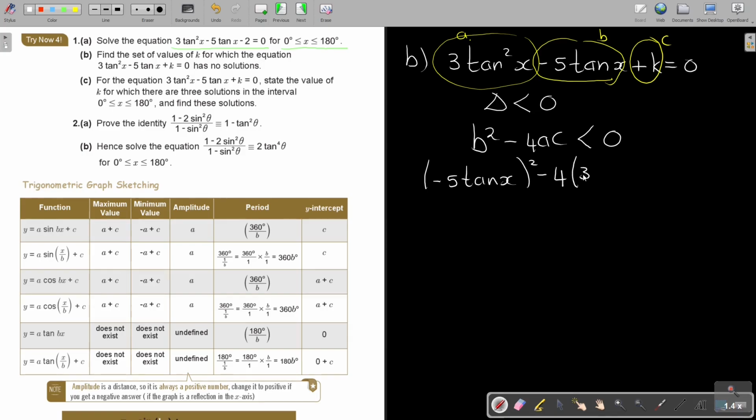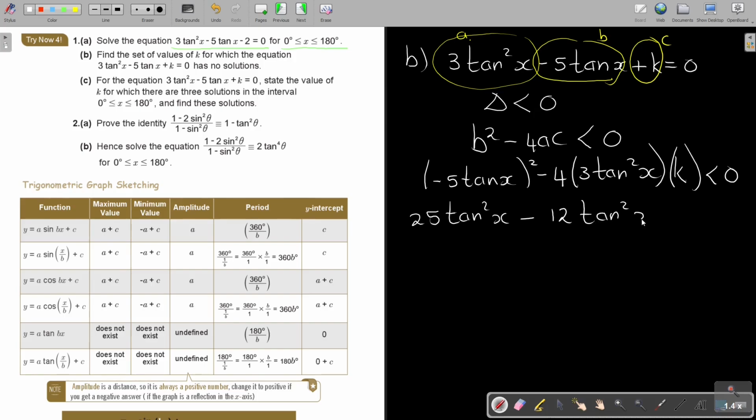It's 3 tan squared x, and c is k, and that's smaller than 0. Okay, and if I work it out, if I multiply, I get 25. A negative times a negative is a positive. So tan squared x minus 12 tan squared x, and bring in your k, and it's smaller than 0.